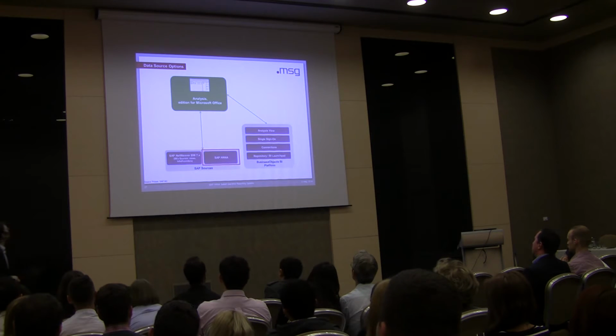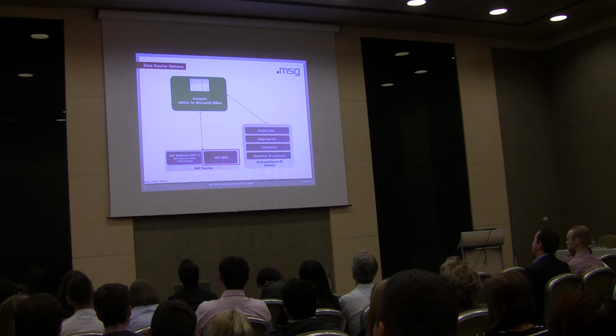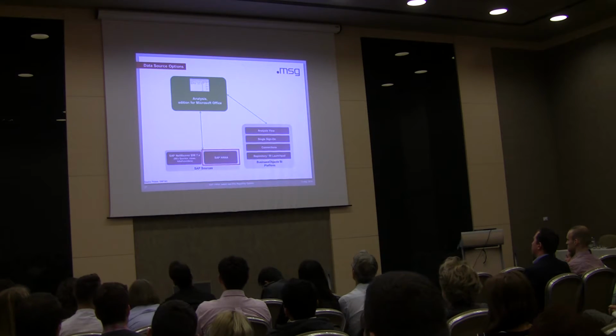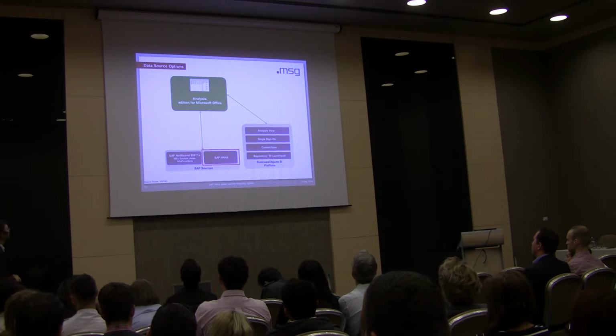Okay, just one slide regarding the data source options, because today we have the focus on SAP HANA. It is possible to call the SAP HANA views directly from the analysis tool.